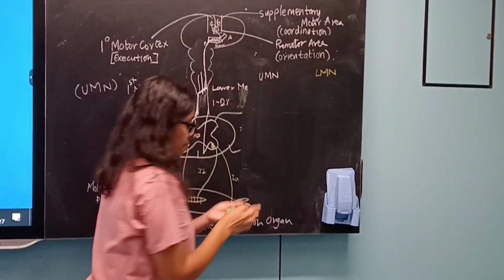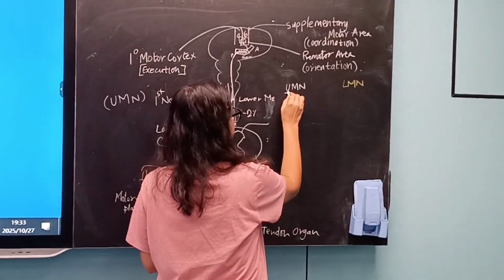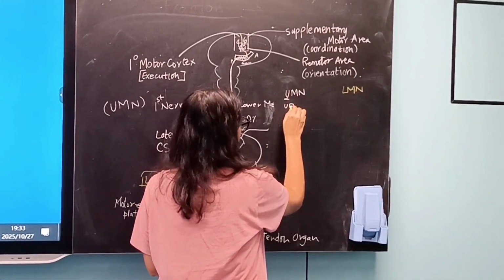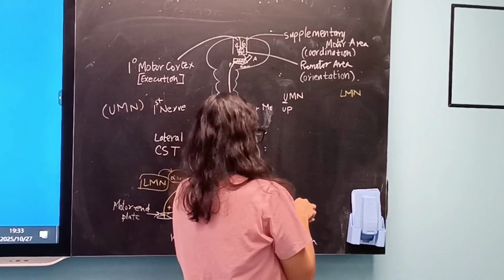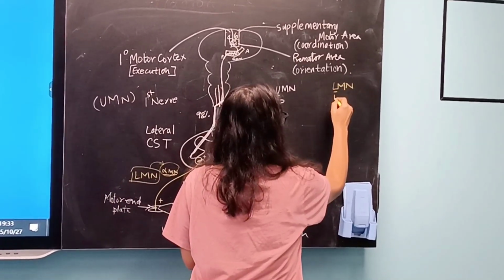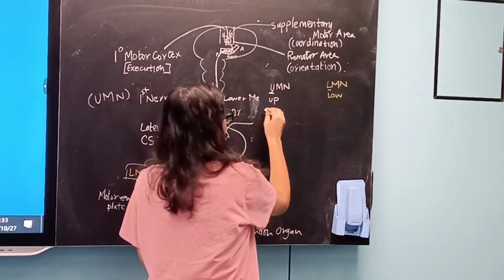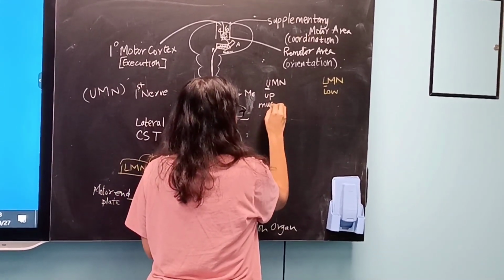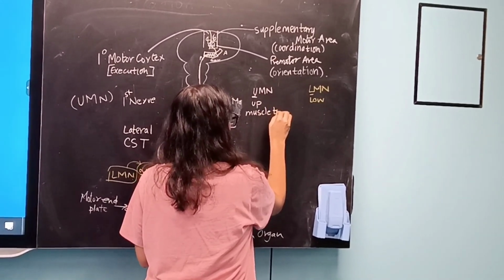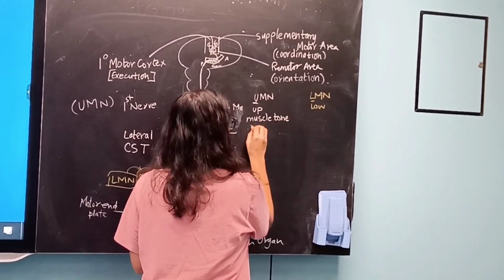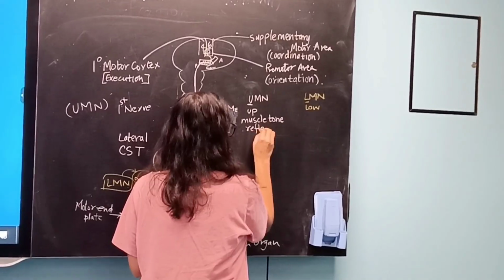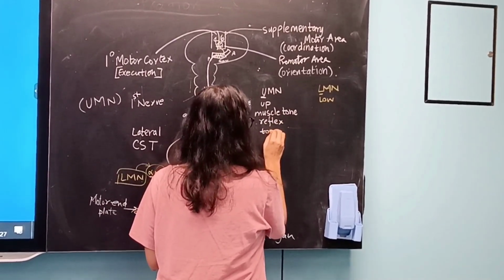You can just remember from a normal word, U means upper, so all the reflexes are going to be up, while L means low, means everything is going to be low. So up will be your muscle tone, all the reflexes and toe.